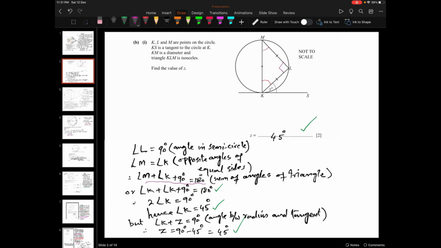But angle K plus angle Z is equal to 90 degree. What's the reason? Because the angle between radius and tangent is always 90 degree. So substitute the value of K. We have angle Z is equal to 90 minus 45 degree, which is equal to 45 degree.